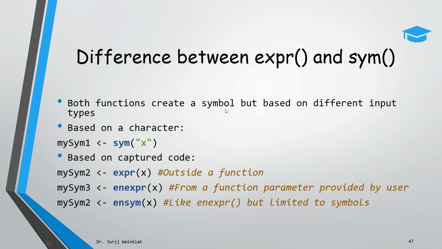In order to create symbols, and we are only talking about symbols, not about calls and not about constants, you can either create an X symbol by specifying it as a character string and use sym, or make use of expression without providing X as a character string, but just write X. If you are inside a function and X is actually the name of a parameter of the function, then make use of expression and sym in order to make sure that you actually get the content of X as an expression and not X itself.